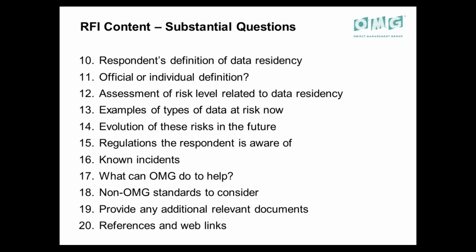And then we're asking the respondents, in which areas do you think the OMG should work to help? So what are the areas of standardization? What are the types of publications we ought to work on in order to help the industry resolve these issues?